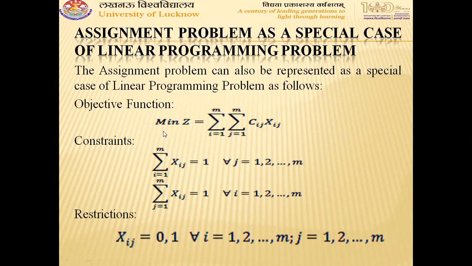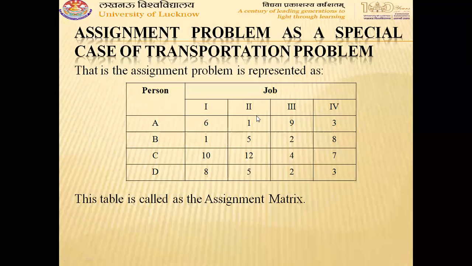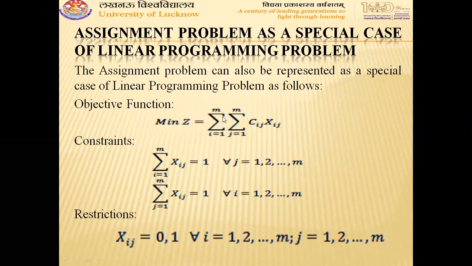The objective function can be written as minimum of z equals summation i goes 1 to m, summation j goes 1 to m, cij xij. Here you can see in the example that the number of persons and the number of jobs are equal, so the variation of i and j will also be the same: i goes 1 to m and j goes 1 to m.